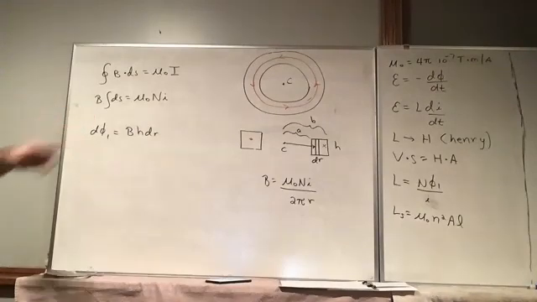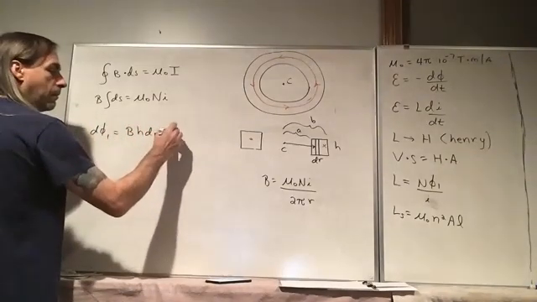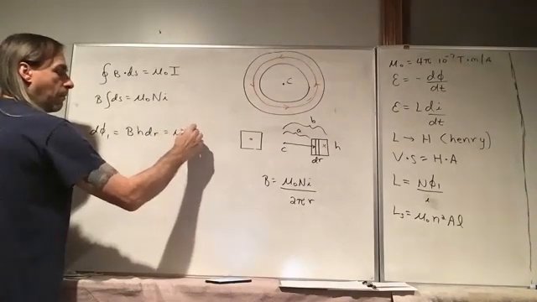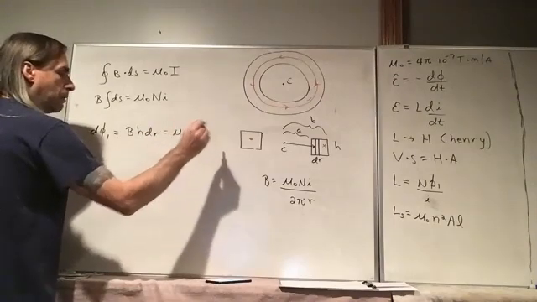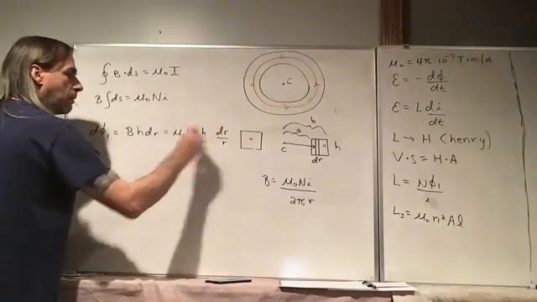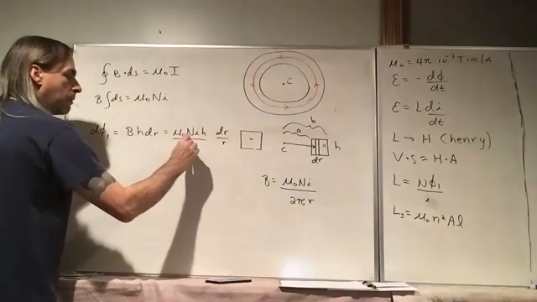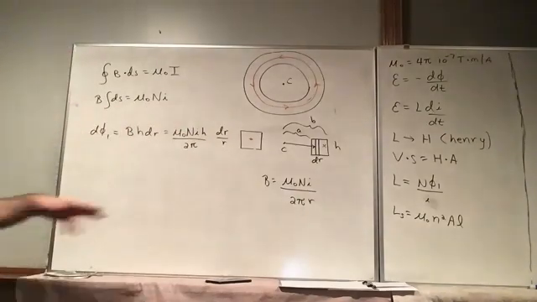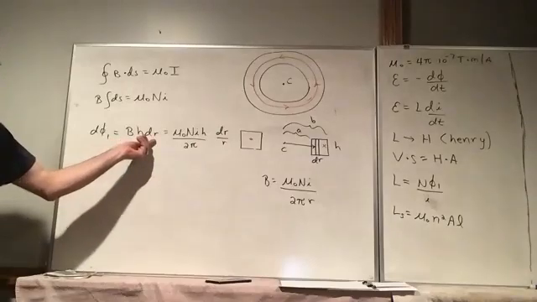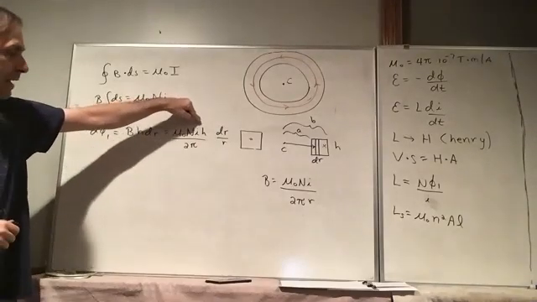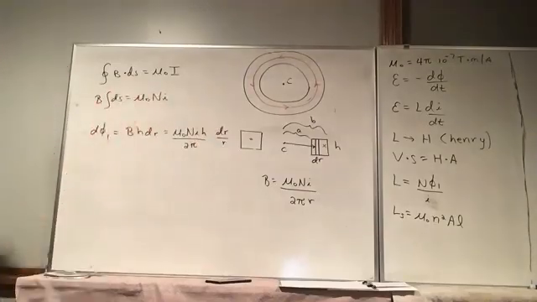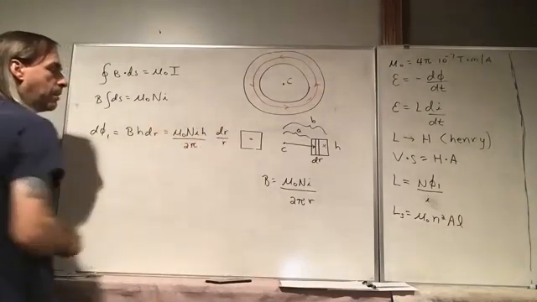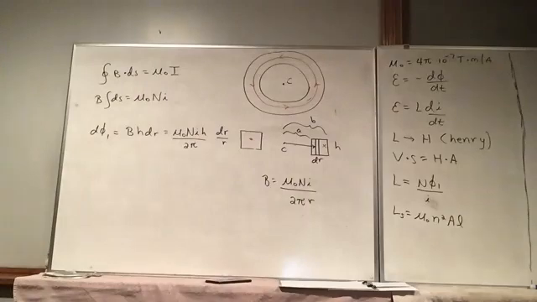And we can plug in our value for B. So we have B times h dr, where B is mu naught N i over 2 pi r, and then times h dr. What I've done here is isolate a constant times the parts involving r.